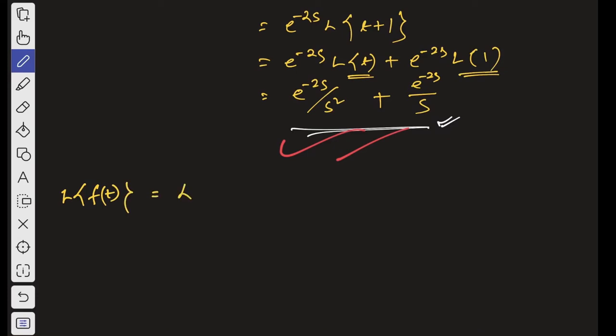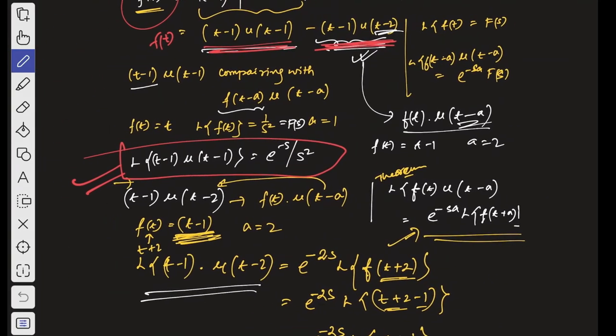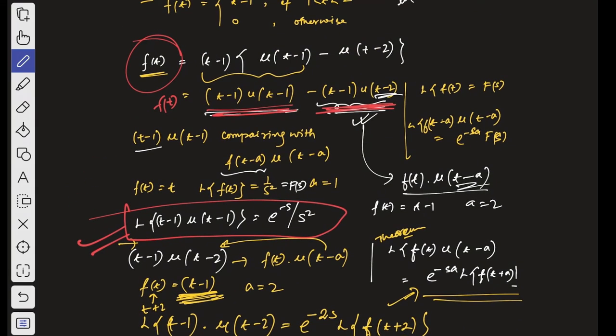So the Laplace transformation of the given function f of t is nothing but the Laplace transformation of t minus 1 into u of t minus 1, minus the Laplace transformation of t minus 1 into u of t minus 2, that's what we will get, right?